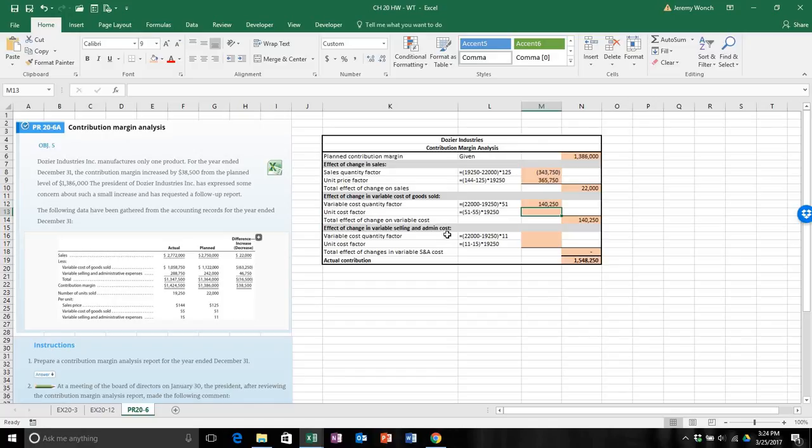And then the difference in the variable cost of goods sold because their actual cost per unit was higher is their planned cost per unit minus their actual cost per unit times their actual units.